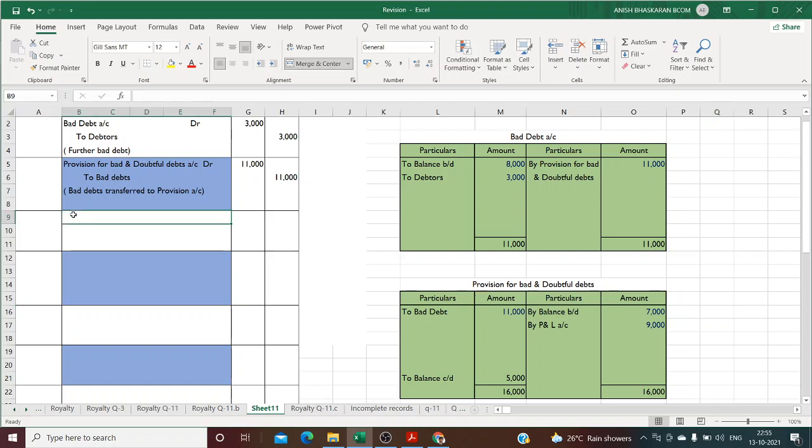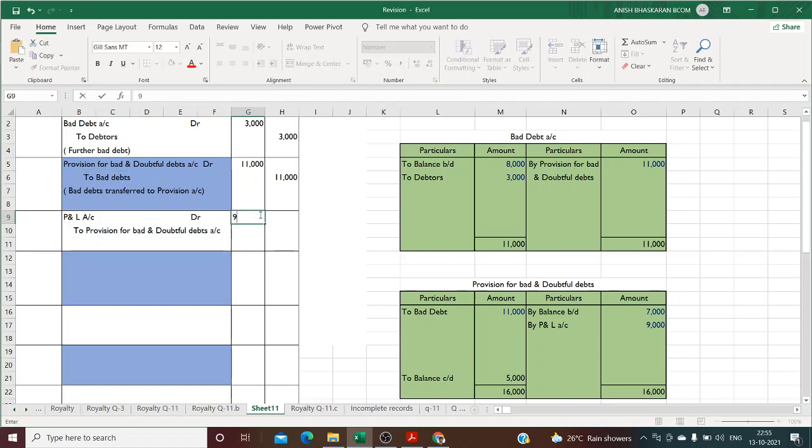Hence, further entry will be P&L account debtor to provision for bad and doubtful account. Amount will be 9,000.